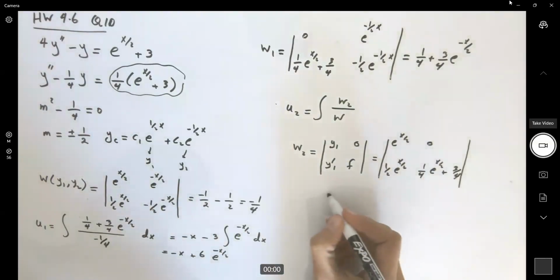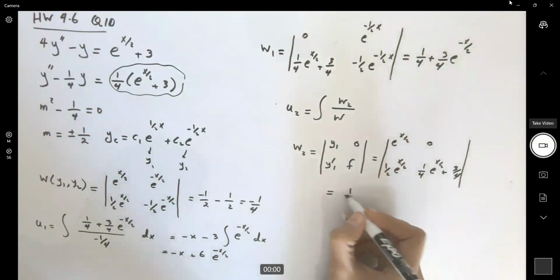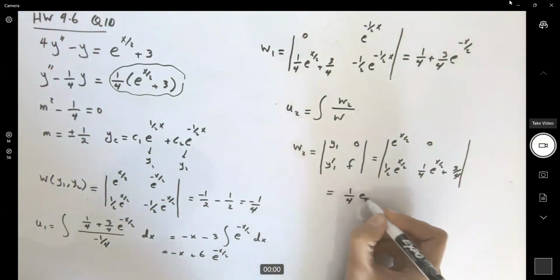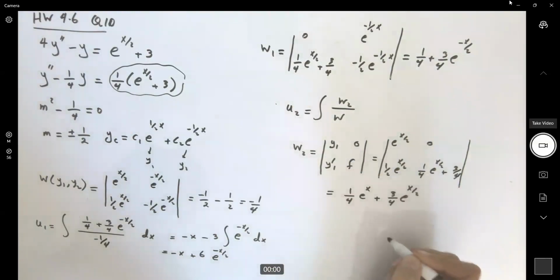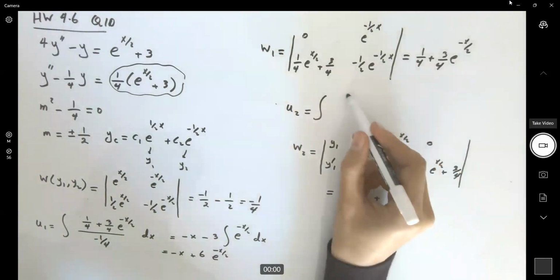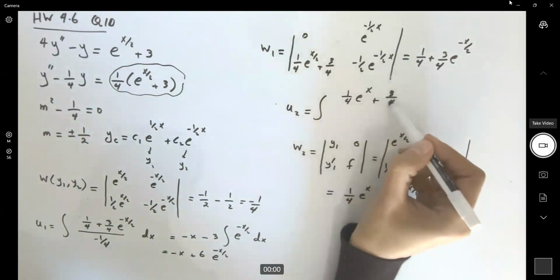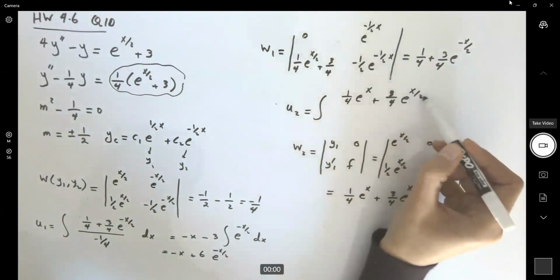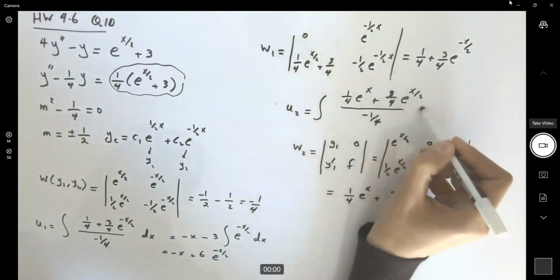This determinant is equal to, since this is just 0, we distribute: a fourth e to the power x plus 3/4 e to the power x over 2. So u2 becomes the integral of a fourth e to the power x plus 3/4 e to the power x over 2 divided by the Wronskian itself, which is negative a fourth, dx.